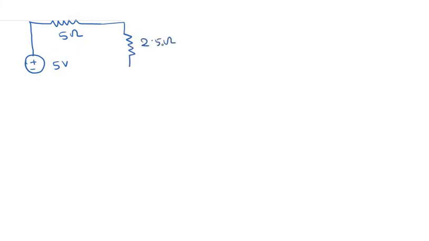Let us consider a network of resistors and a voltage source. So let us consider this voltage source here, then this 5 ohm resistor here, this 2.5 ohm resistor here, 5 ohm, 5 ohm, and then a resistor here, RL, and we do not know exactly the value of RL.